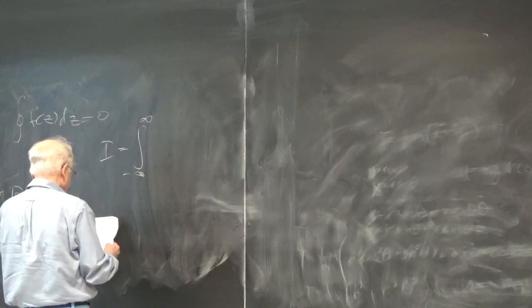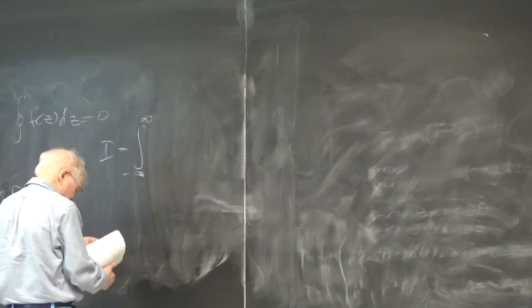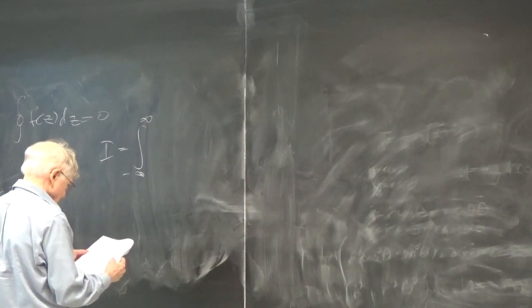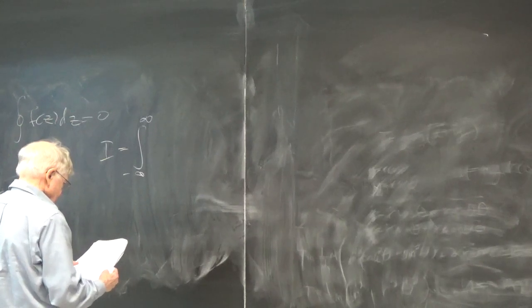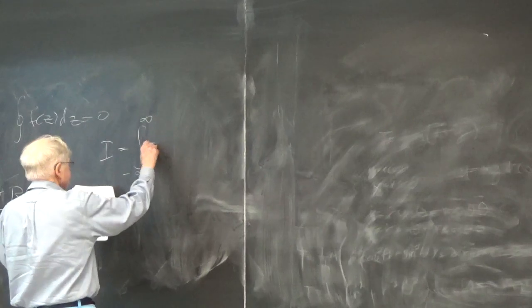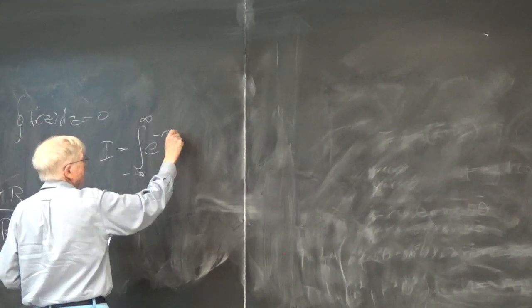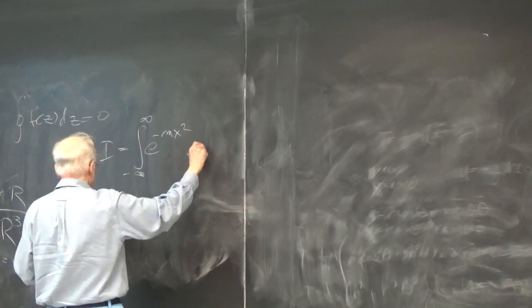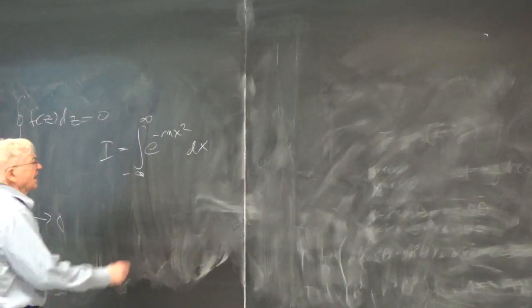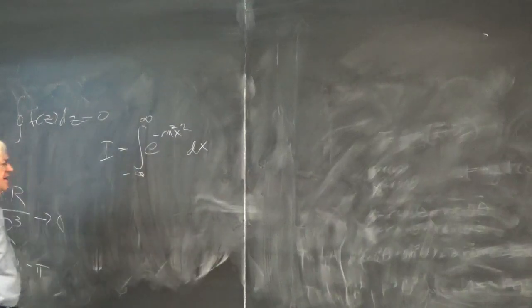Oh, wait a minute, is this the... Well, before we actually do the Gaussian, let's just consider e to the minus x squared dx. That's what we're actually talking about. It's actually m squared x squared.